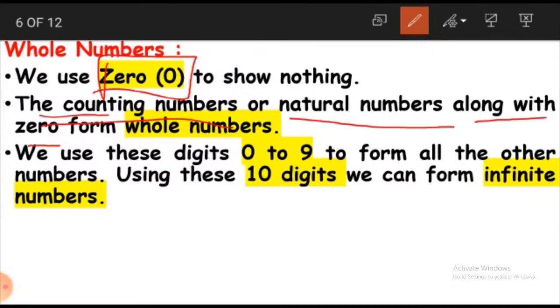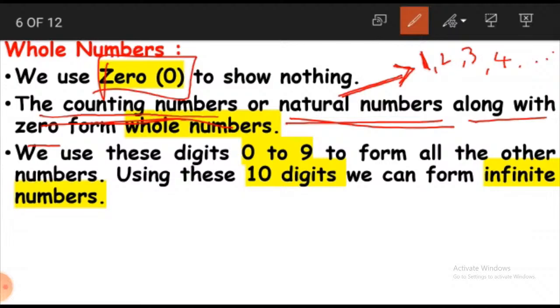The counting numbers or natural numbers along with 0. What are the counting numbers or natural numbers? These numbers start from 1, right? 1, 2, 3, 4 and so on. You remember, right? The counting numbers or natural numbers start from 1. These numbers along with 0.